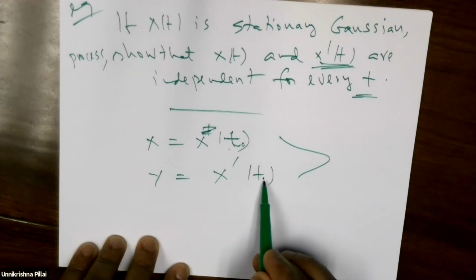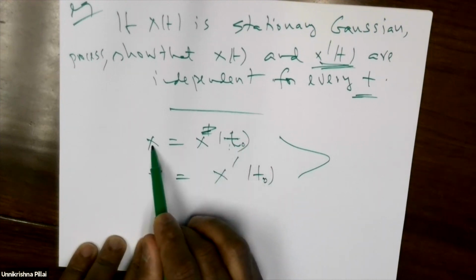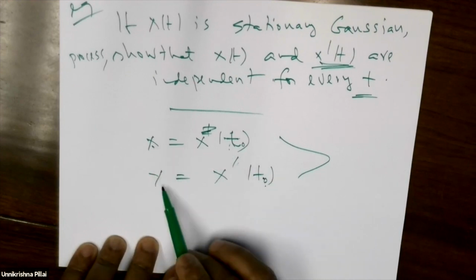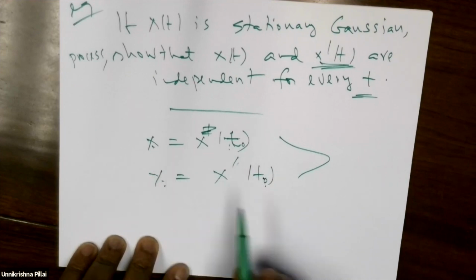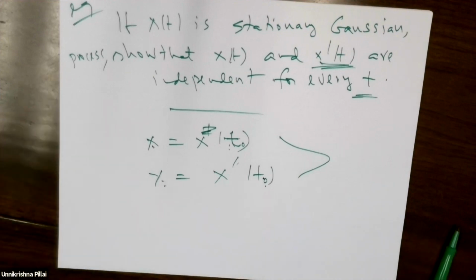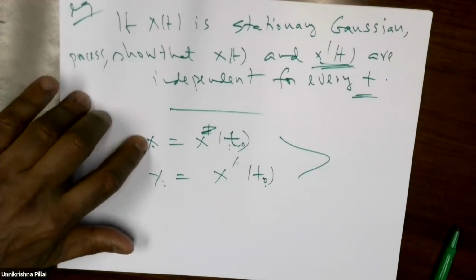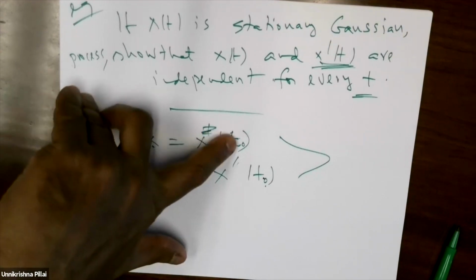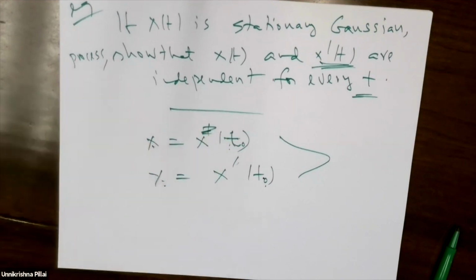If you fix t to be t naught, you get a random variable, let me call it X. X prime of t naught is another random variable, Y. Can you tell me what type of random variables X and Y are? X of t is a Gaussian process, so if you fix time, what do you get this random variable to be? Gaussian. How about x prime of t naught? What kind of random variable will that be?